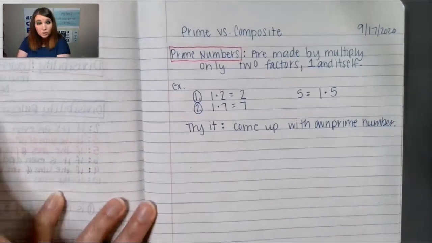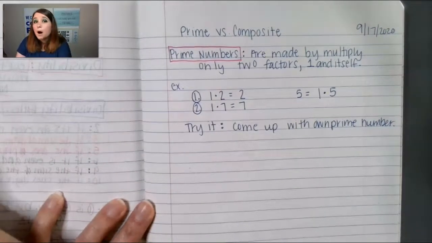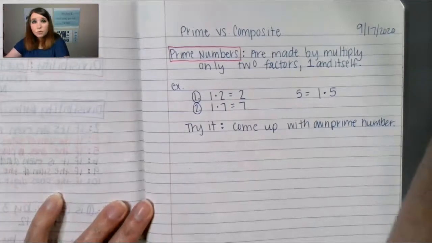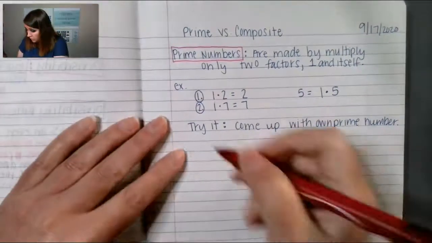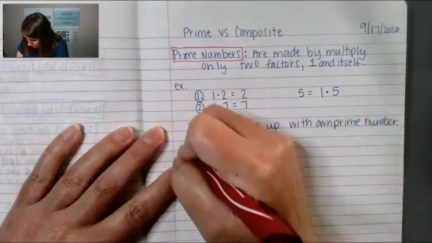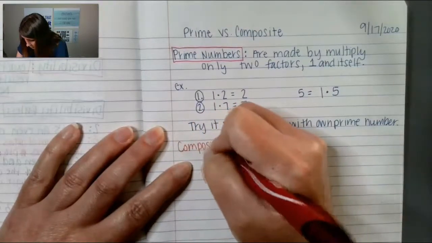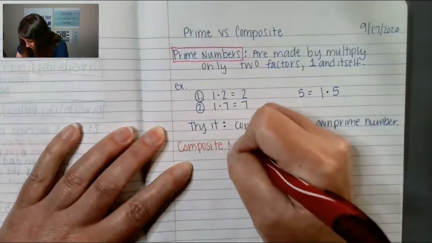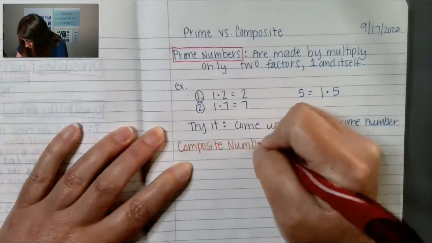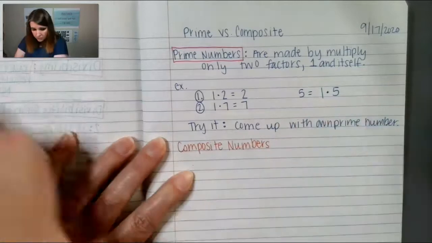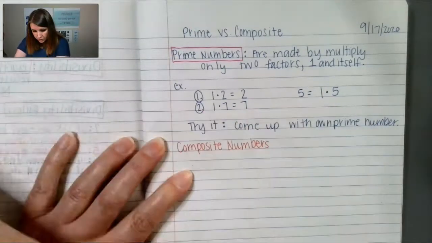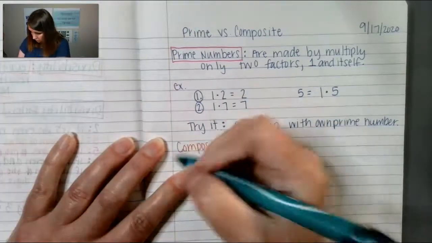Okay, now we're going to talk about the word composite. So composite is the opposite of a prime number. So composite numbers, here, let's go ahead and write this.